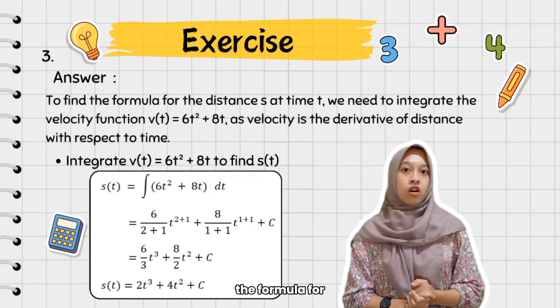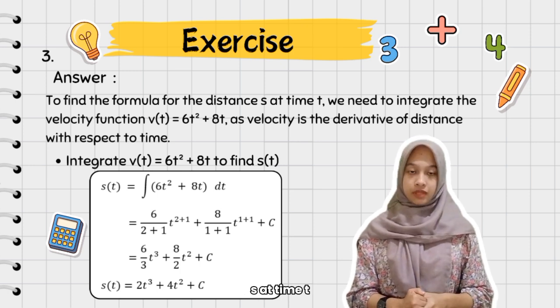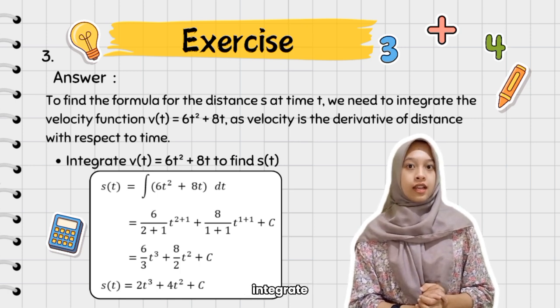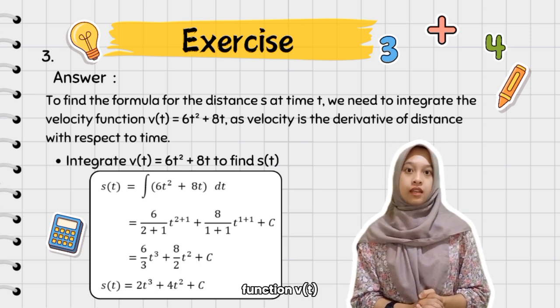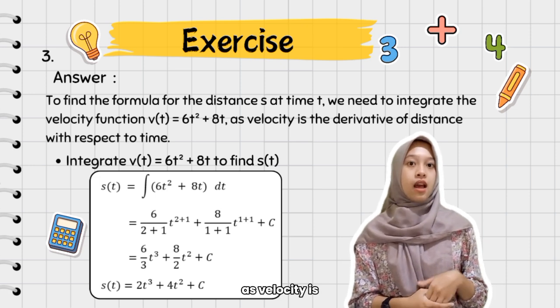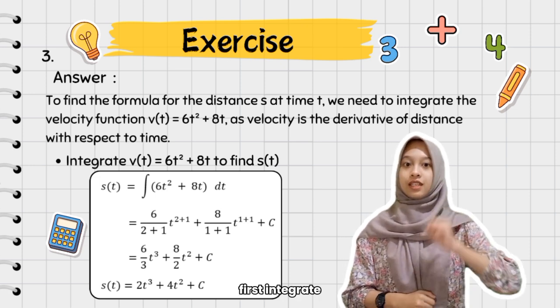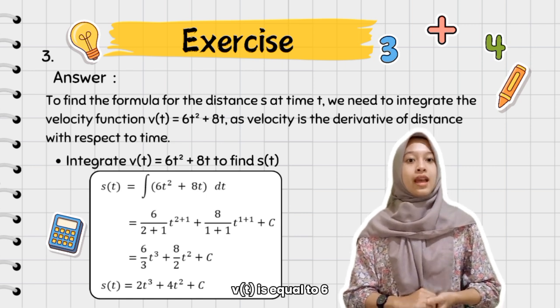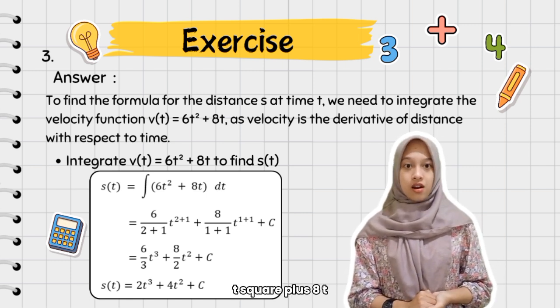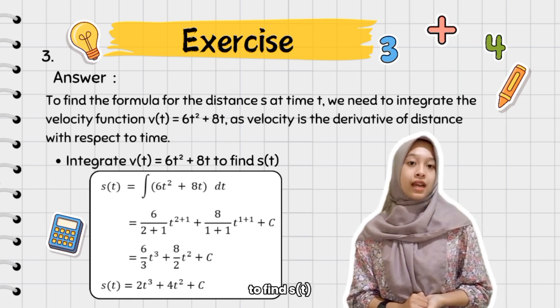To find the formula for the distance s at the time t, we need to integrate the velocity function v(t), as velocity is the derivative of distance with respect to the time. First, integrate v(t) equal to 6t squared plus 8t to find s(t).